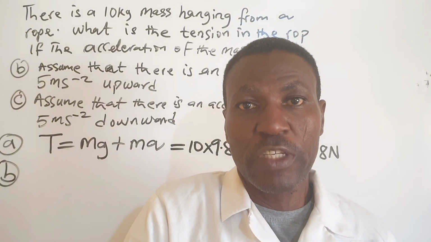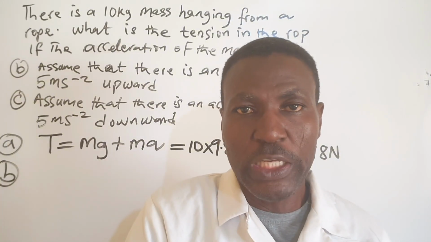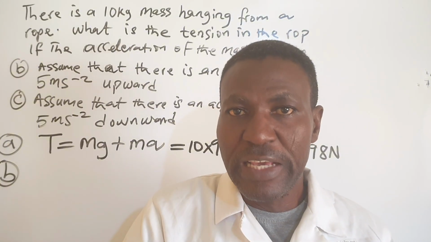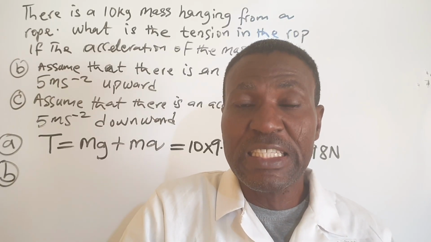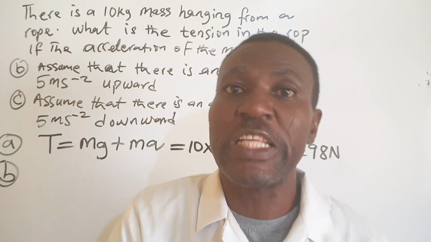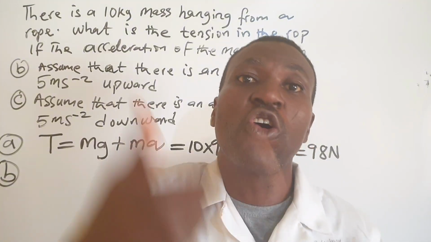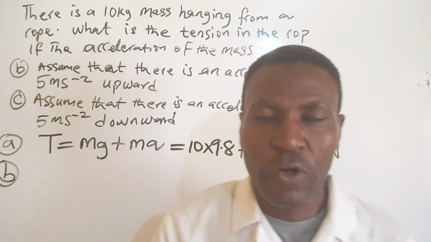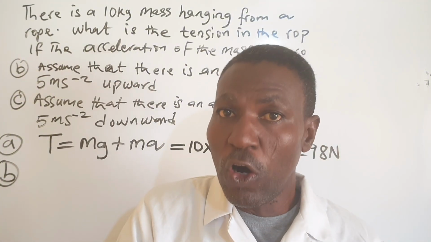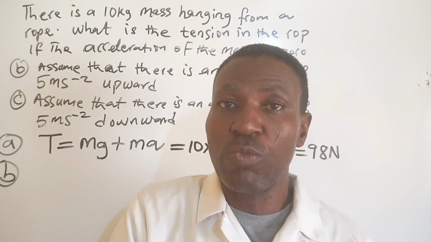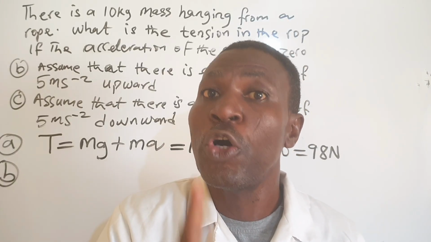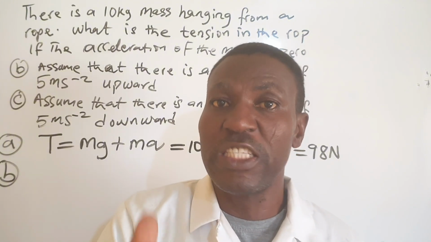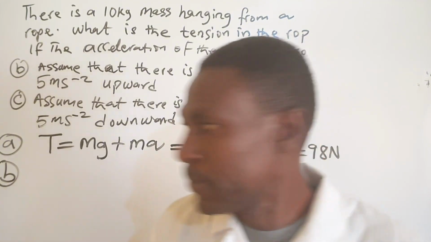So the acceleration of this mass while moving upward is 5. And if a mass is moving upwards, we say that it is moving in the same direction with tension, since tension is acting upward. Therefore, this acceleration of the movement of this object upward is positive. Is what? Positive, since it is going in the same direction with the tension.